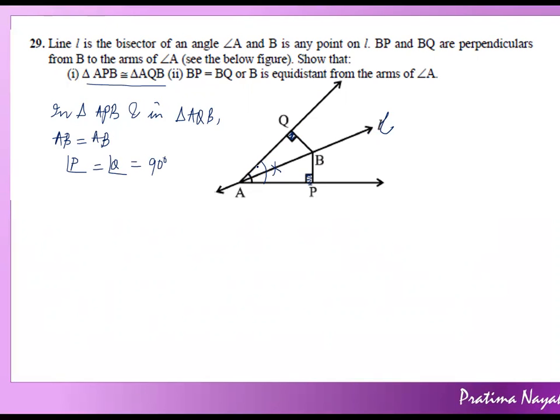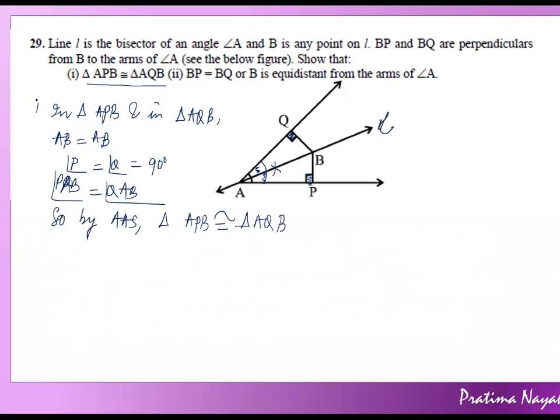Bisector means it makes into equal halves. So angle PAB is equal to angle QAB. So by AAS congruency, triangle APB is congruent to triangle AQB.